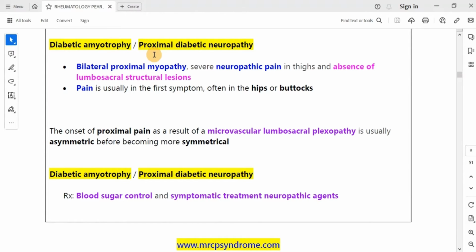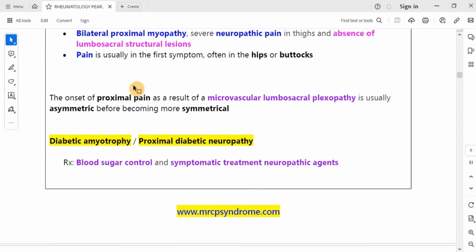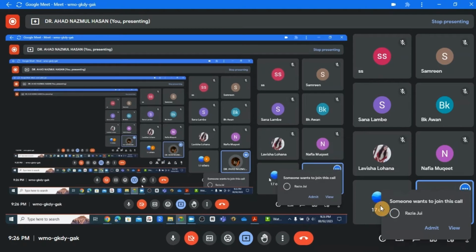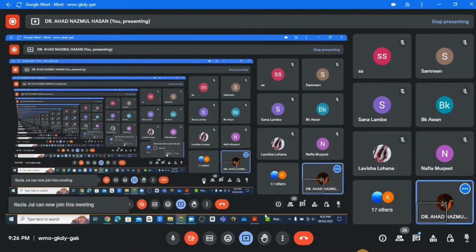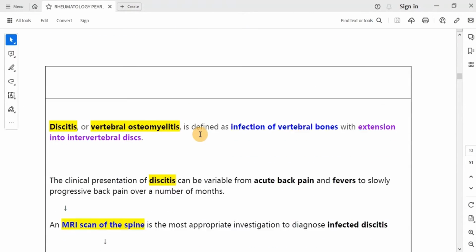But diabetic amyotrophy won't have these features, and it is usually bilateral and symmetrical. And choice of management should be tight control of the blood sugar and symptomatic treatment for the neuropathic pain. And symptomatic treatment means always start with the pregabalin or gabapentin followed by amitriptyline or duloxetine.